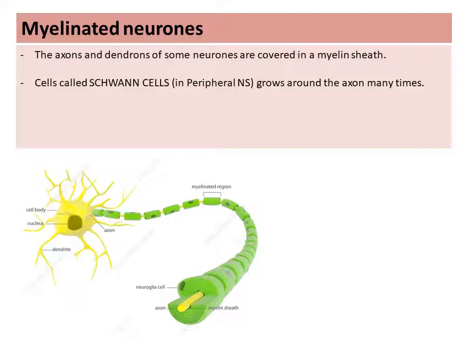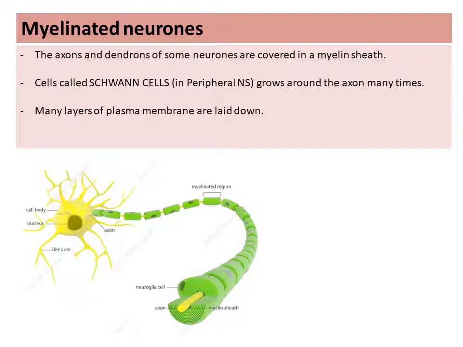And what they do is they wrap around the axon to form many layers of this myelin sheath, and you can see that on that diagram there. So you can see what looks like sort of concentric circles, and that's because the myelin sheath has wrapped around it as if it was, for example, a ball of wool wrapping around the axon in the centre. I'll show you what I mean by that in a moment.